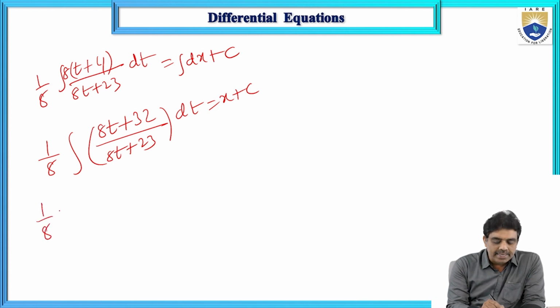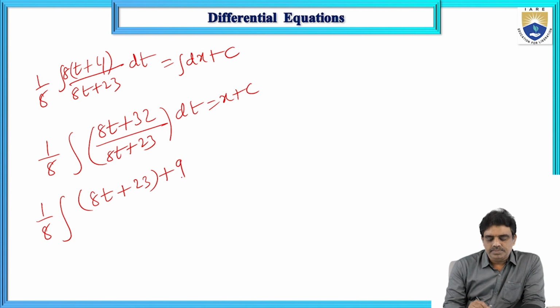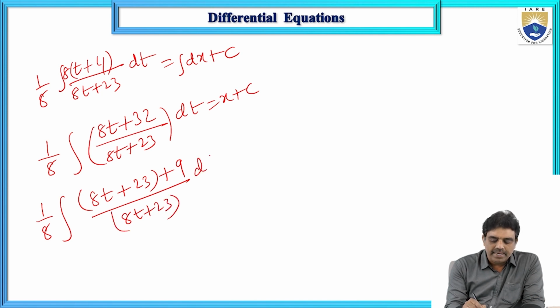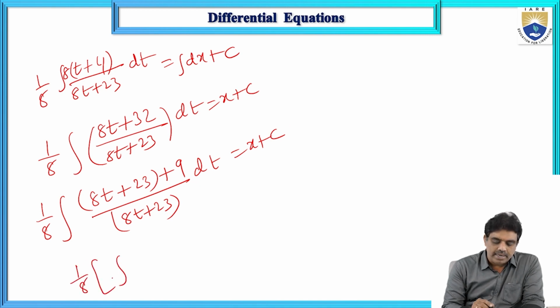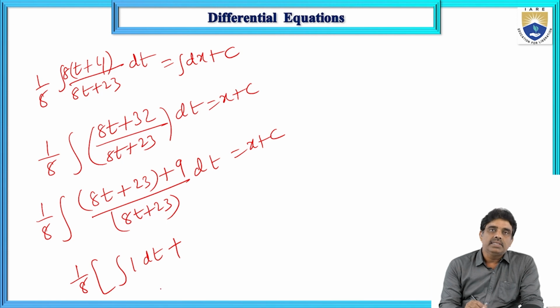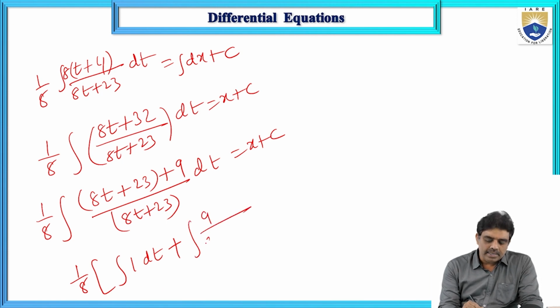Now I can rewrite the numerator as 8t plus 23 plus 9, because 23 plus 9 is 32. Now on separating into two terms, 1 by 8 into integral, first term (8t plus 23) by (8t plus 23), that is 1 into dt, plus the second term 9 by (8t plus 23) dt.